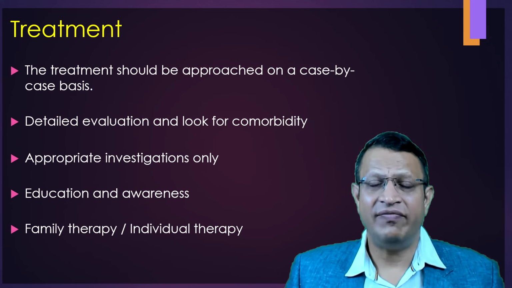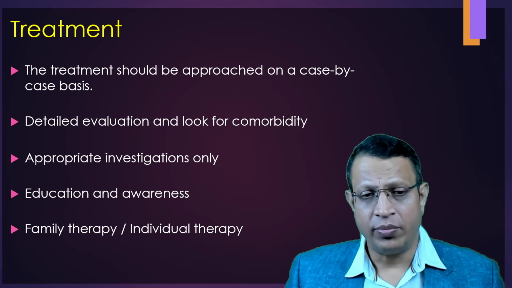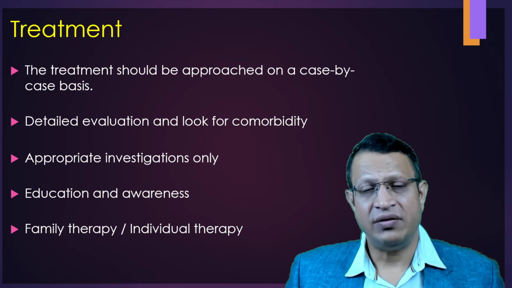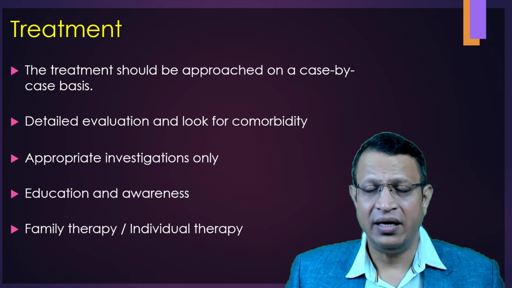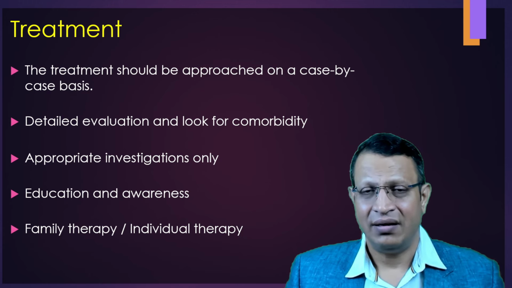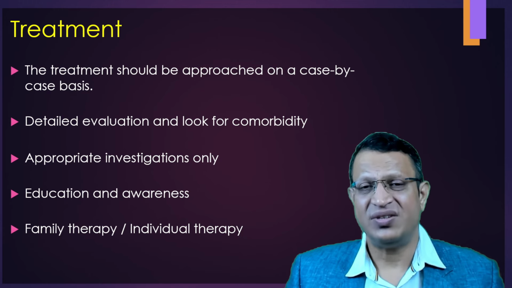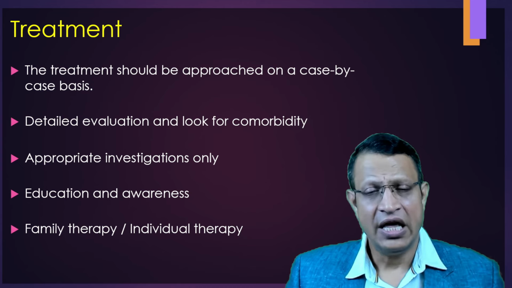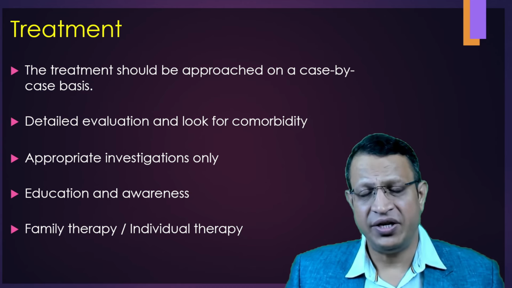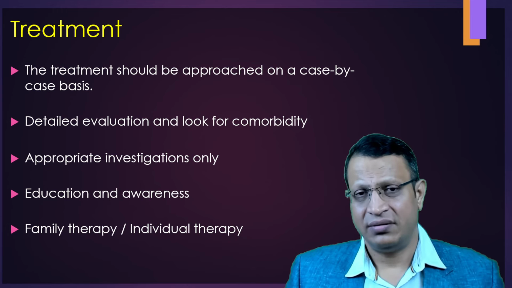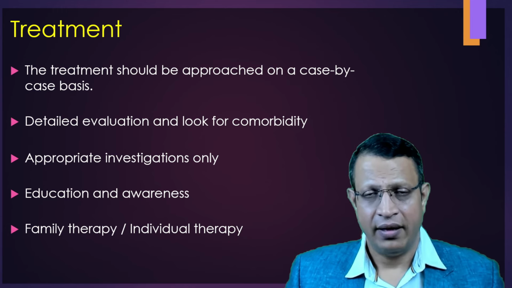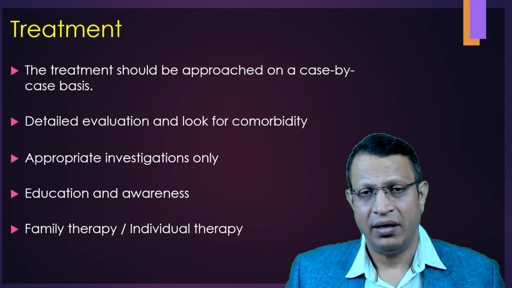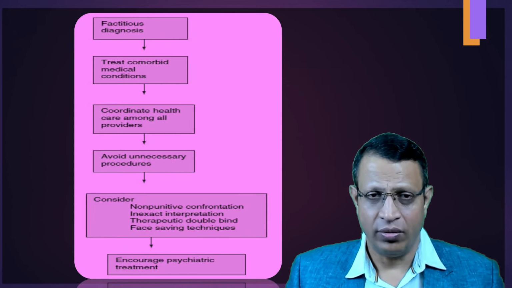You need to do a detailed evaluation, look for comorbidity, do only the appropriate investigation, and liaison with other medical and surgical specialties wherever the patient goes with regard to respective systemic branches. You need to go for opinion. You need to educate the family members and the patient, make them aware of this illness, and many a time family therapy and rarely individual therapy helps in Munchausen syndrome.